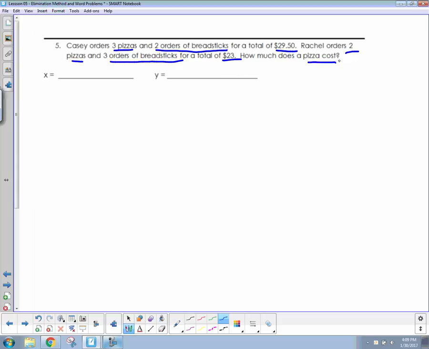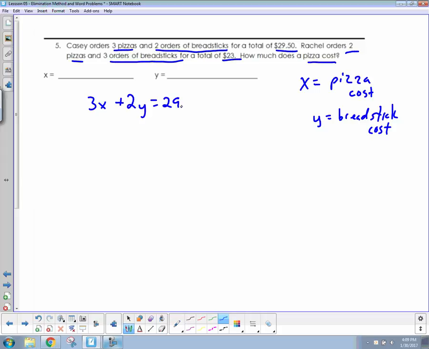So x, we're going to make the pizza cost, and y the breadstick cost. Over here, it spells it out for you: 3x plus 2y equals 29.50. Got that from the first sentence? Second sentence, 2x plus 3y equals $23.